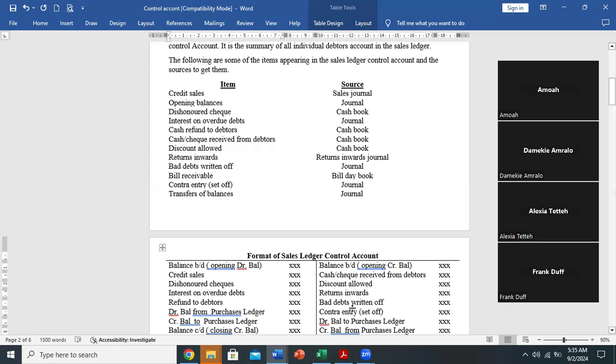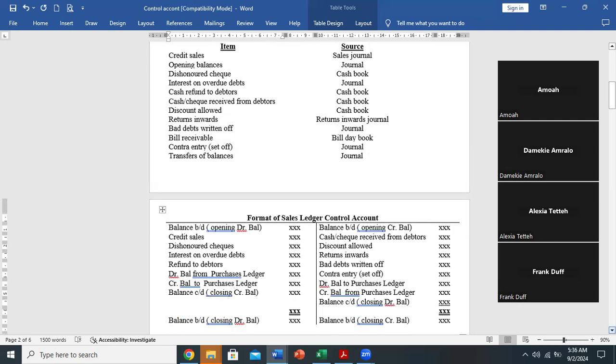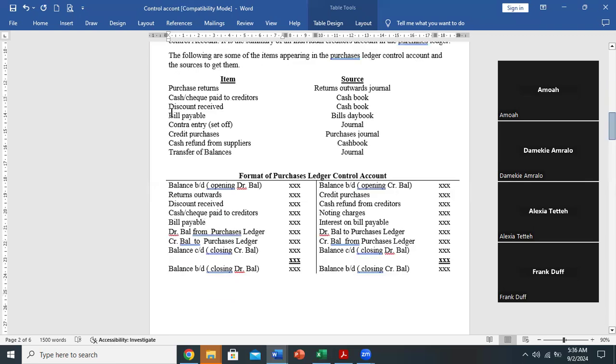Bad debt written off, when you cancel the debt because they cannot pay, will also decrease it. So this is the format for the sales ledger control account, but like I've indicated, you need to pick the item, analyze whether it increases or decreases the balance so that you debit or credit appropriately, right?